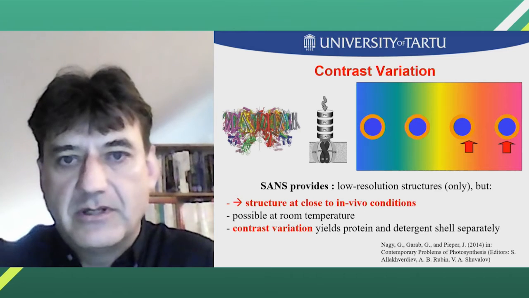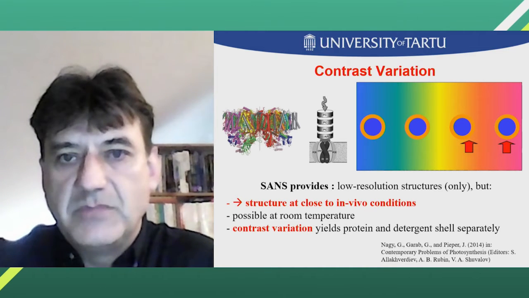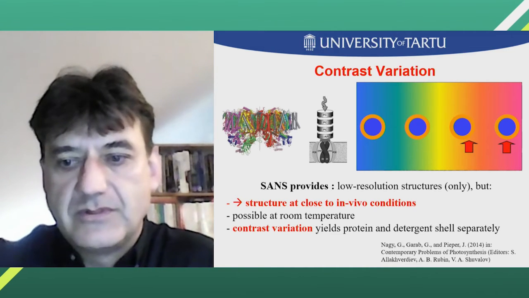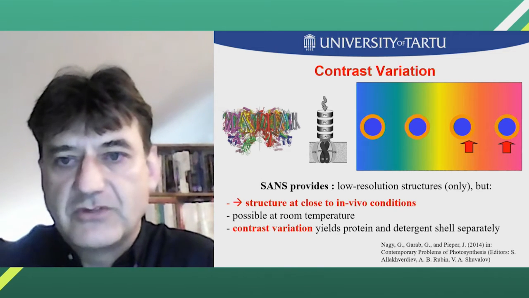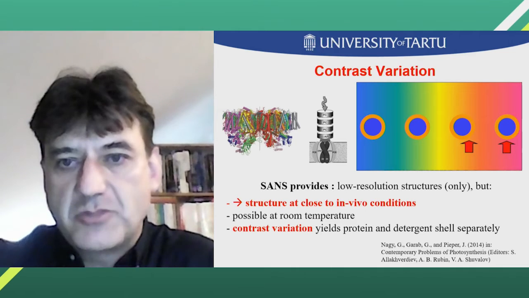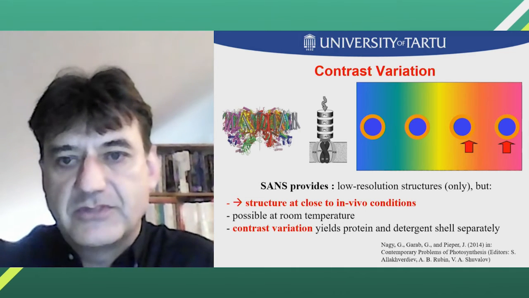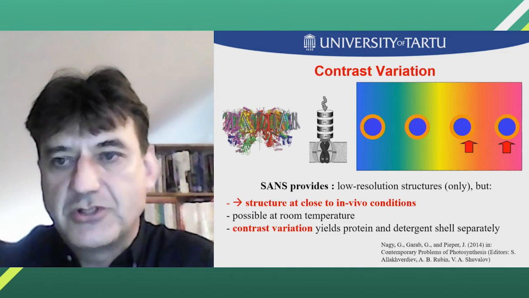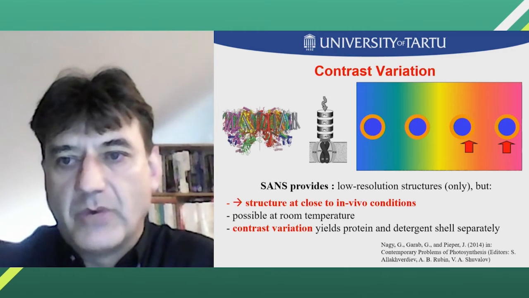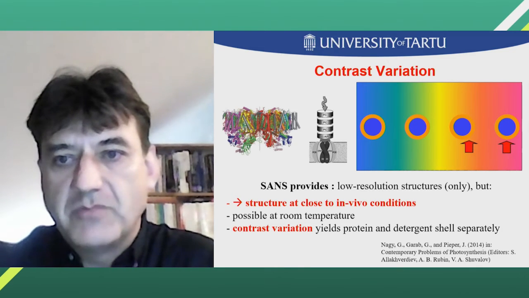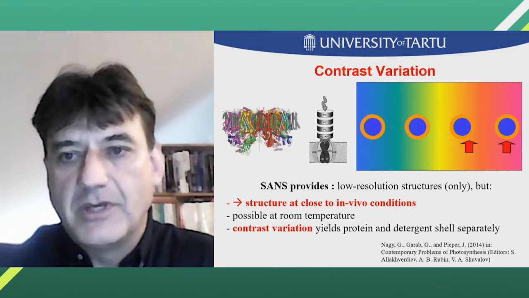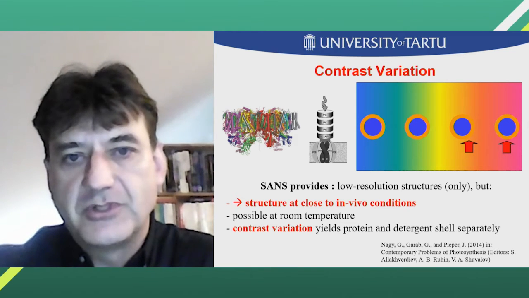They study nuclei, and this means we can vary the scattering properties of the solvent, and we find so-called match points where the scattering property of the solvent matches that of the detergent belt, while in the second case the scattering properties of the detergent are not matched. So we can do small angle neutron scattering under matching and non-matching conditions for the detergent belt.